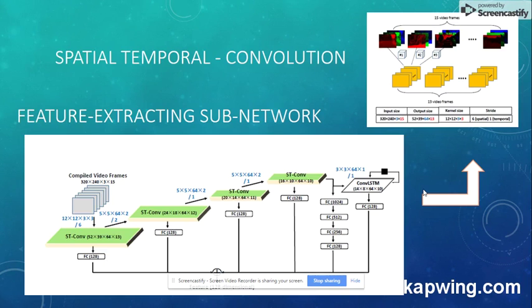So this is the first, feature extracting subnetwork. Conceptually, the whole network is divided into subnetworks, and the input video frames are first fed into the feature extracting subnetwork, which generates a fixed length feature representation, which has the visual surroundings as well as the internal state of the vehicle.